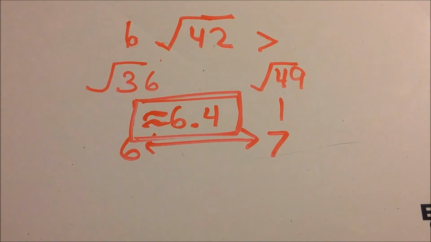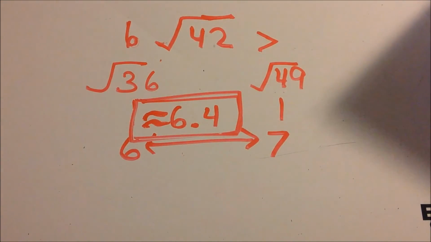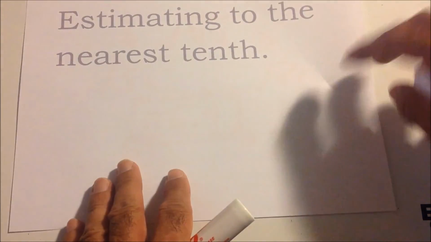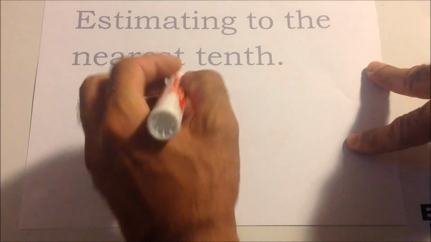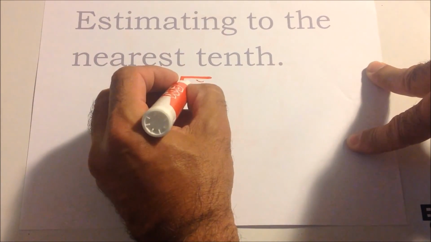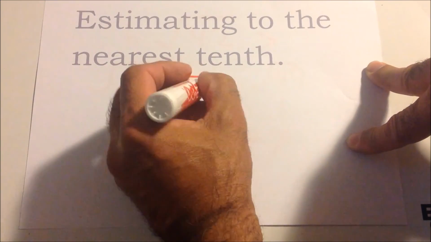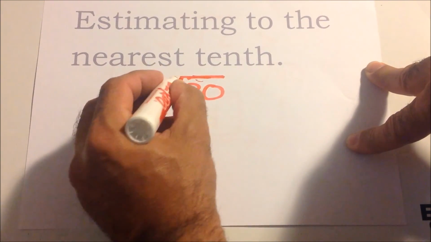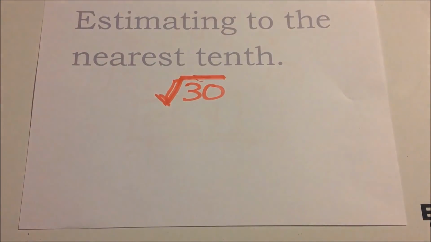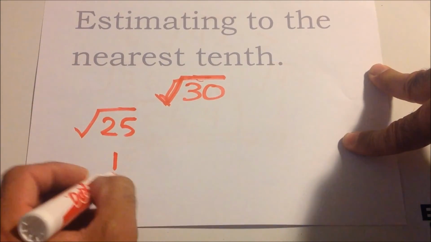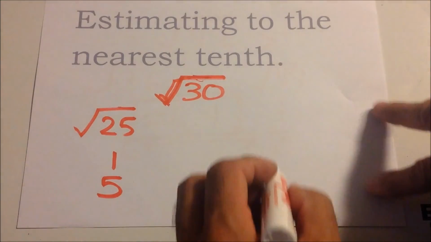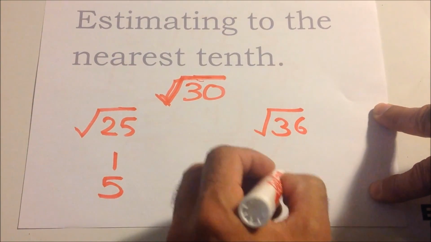Okay, and we can also estimate to the nearest tenth. So this is the tenth here, but instead of just guessing that it's 6.4, we can actually get closer to it. So let's look at the square root of 30 for now. What two numbers are between that? Well, we have the square root of 25, we know that's 5, and the square root of 36 is 6.